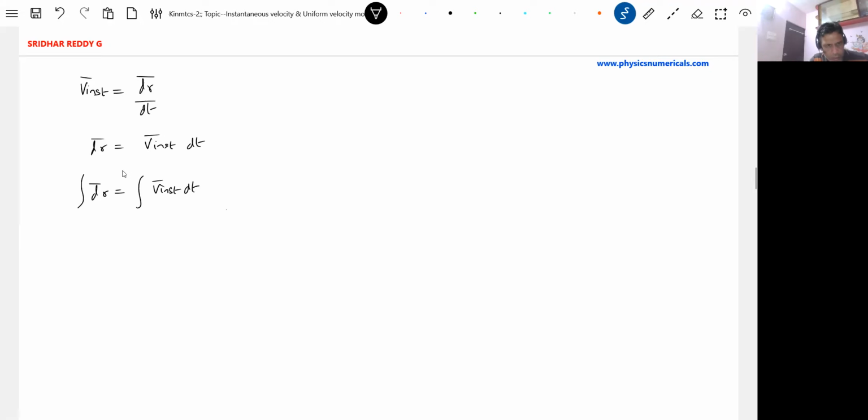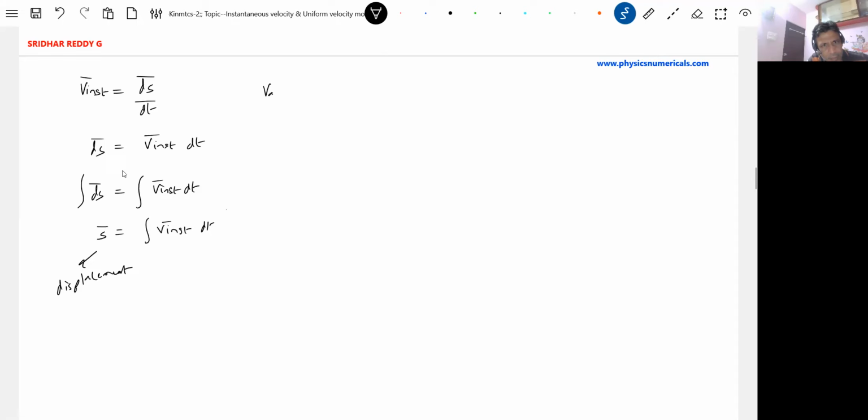The integral of dr bar will give the displacement vector. In books, displacement is usually taken with a bar, so we'll use this typical symbol. So if you know instant velocity, you can calculate the displacement using this formula.